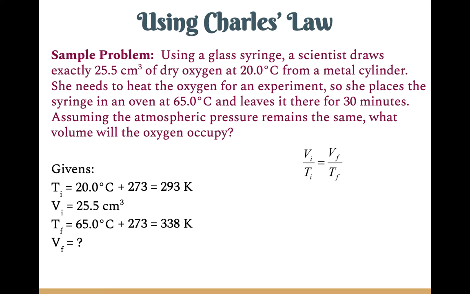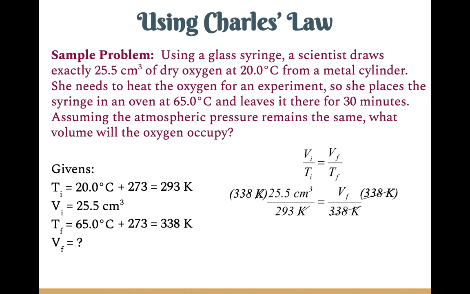So here's the equation for Charles's law. We're going to substitute in the values that we know. So 25.5 centimeters cubed over 293 Kelvin equals a final volume over 338 Kelvin. So we need to isolate the final volume by multiplying both sides by 338 Kelvin.